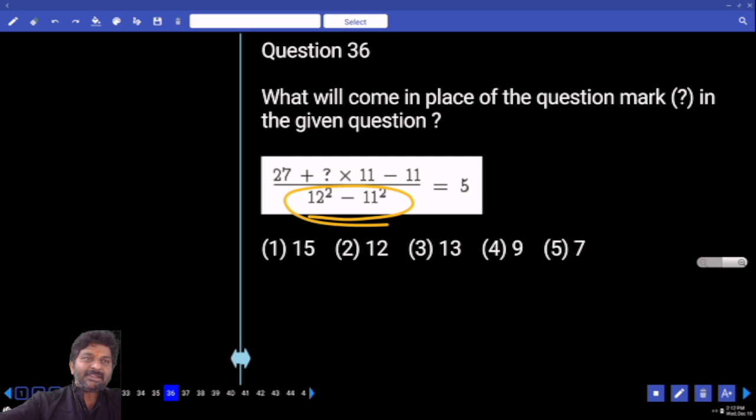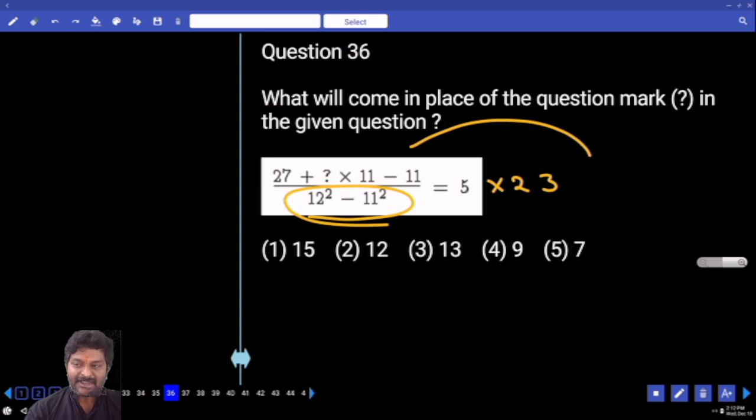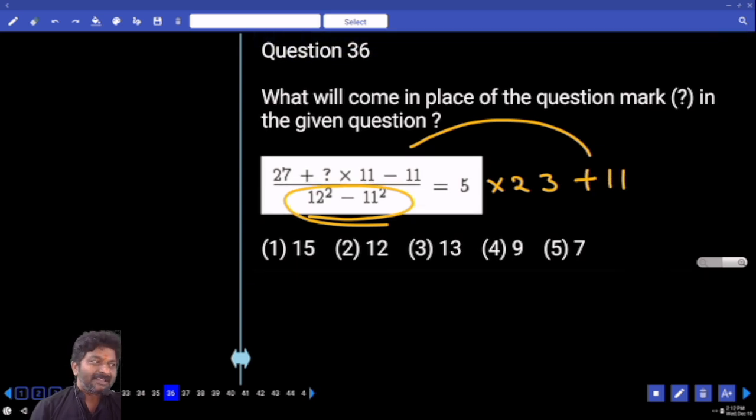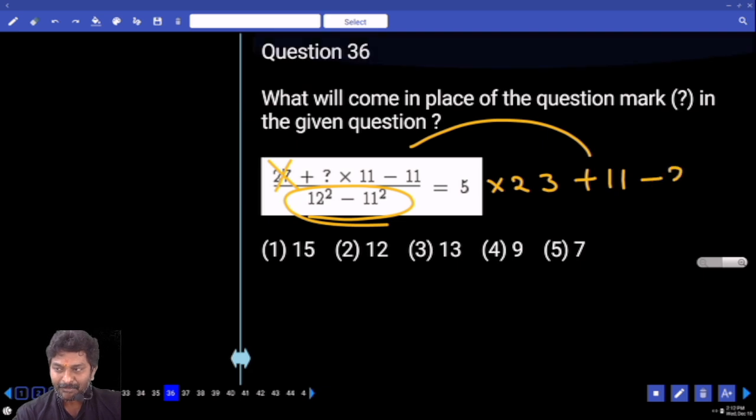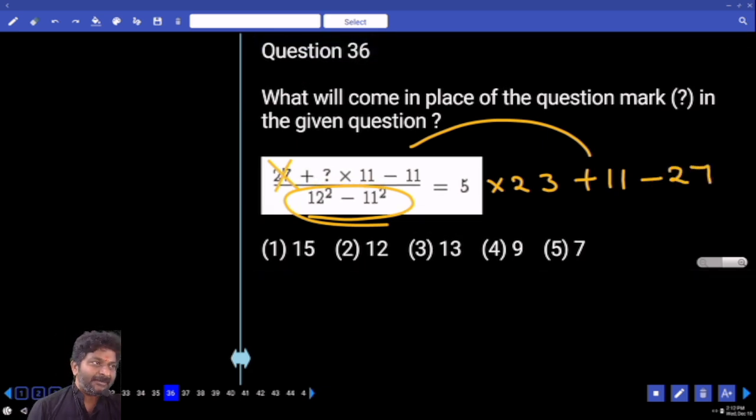A square minus B square format. A plus B into A minus B. How much is that? 23. Goes to the right hand side. That becomes into 23. Minus 11 goes to the other side, becomes plus 11. Plus 27 goes to the other side, becomes minus 27.